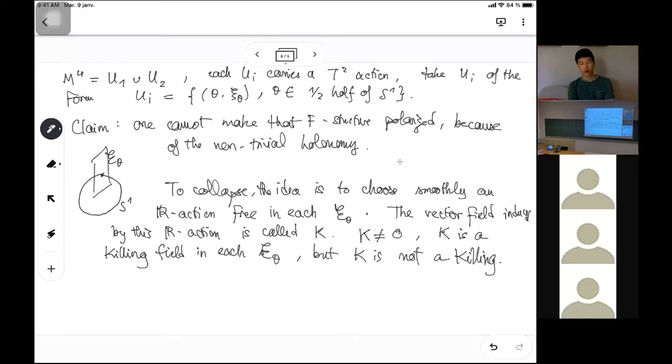So, right, what's the picture here? Just to say it with words. You have your 4 manifold, which is a kind of E theta bundle over S1 with non-trivial holonomy. And so in particular, you have nice local T2 actions, but you cannot make it an S1 action.